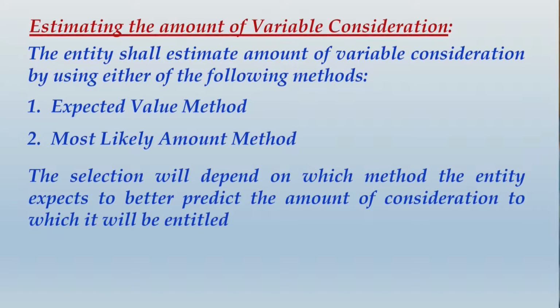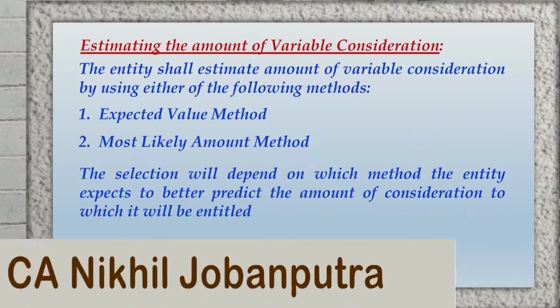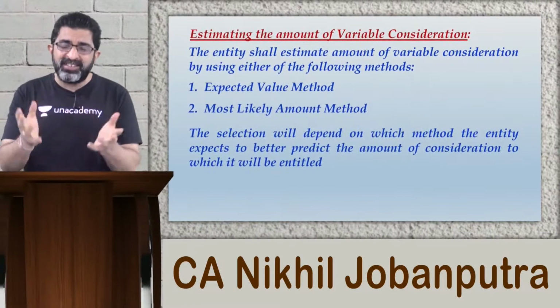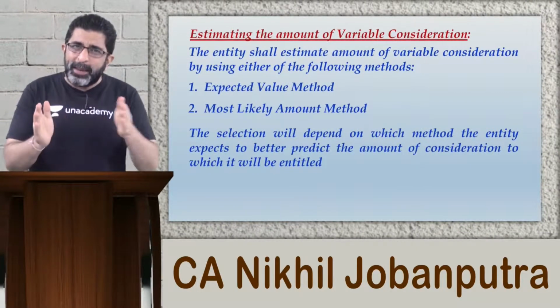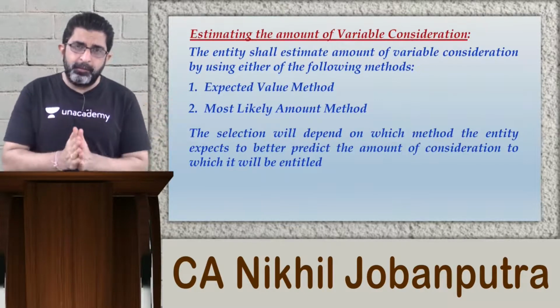Alright, friends, you would have finished writing this whole thing. So, let us try to understand this whole matter about these two different methods applicable for estimating the variable consideration. So, we have expected value method and most likely amount method.